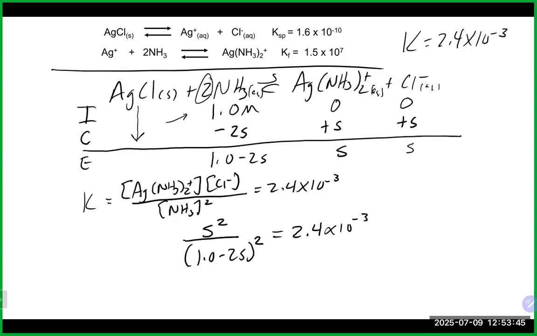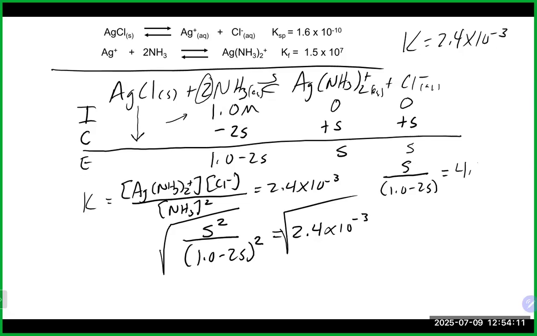So we do want to solve for S, which is our molar solubility here. Hopefully you recognize this. It actually is a nice little perfect square action happening there. So we can square root both sides. That will give us S divided by 1 minus 2S equals, and you don't want to forget to square root the other side there, 2.4 times 10 to the minus 3 square rooting.